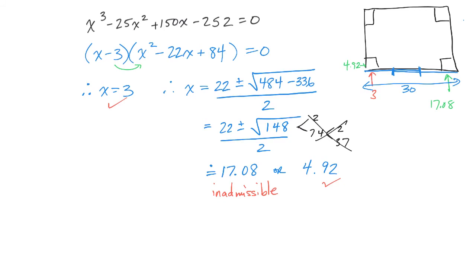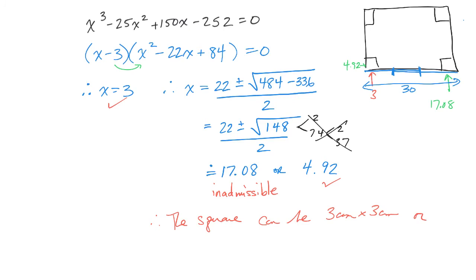I can accept both. Now, in this instance, because we had a case of an exact value and a rounded value, we should be putting a therefore statement. And so, therefore, the square can be exactly 3 centimeters by 3 centimeters, or we have this rounded situation on the 4.92.